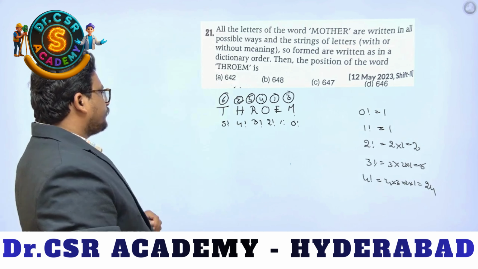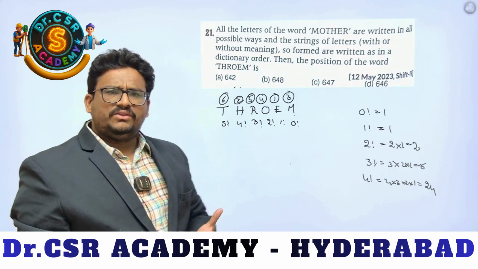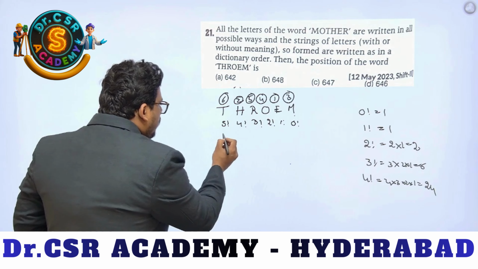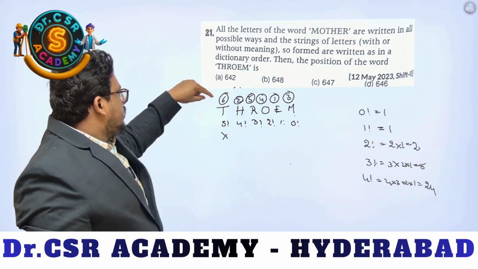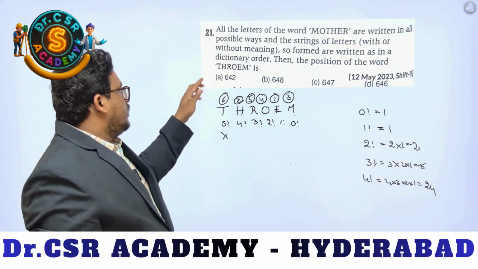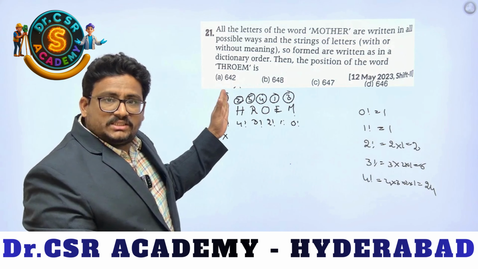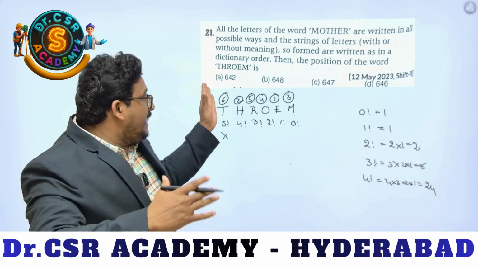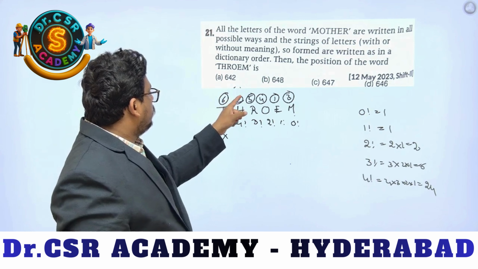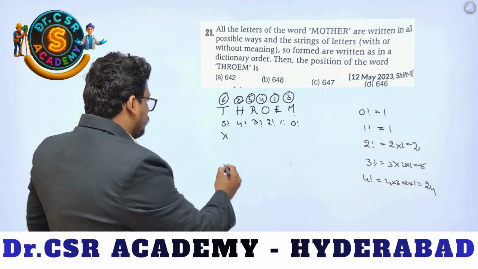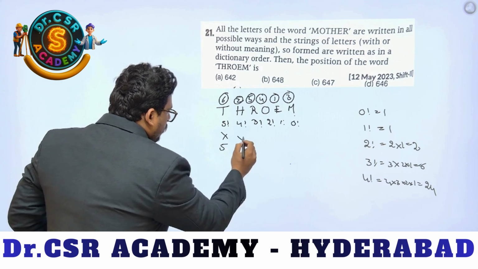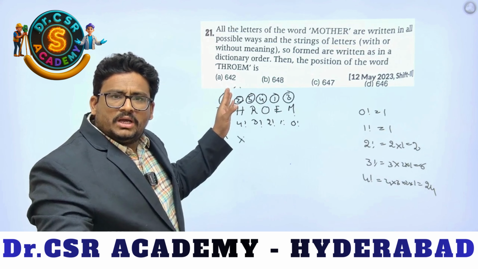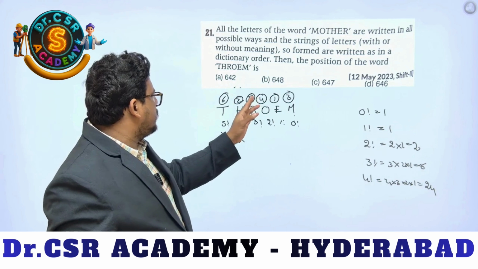See here. Okay, find the rank of the word THROEM. So 5 factorial into, observe here, 6. Below 6 on the right side, how many numbers are there? 1, 2, 3, 4, 5. So you can write here 5. Next the number is 2. Below 2, on the right side, how many numbers are there?